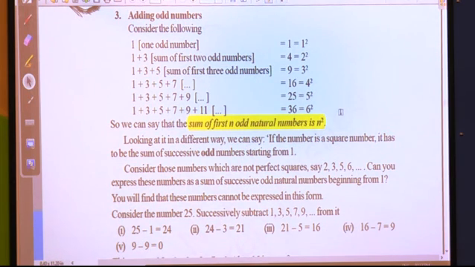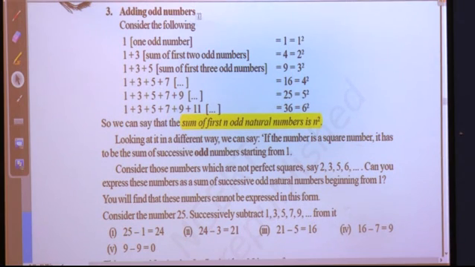So, what is the conclusion? The sum of first n odd natural numbers is n square.